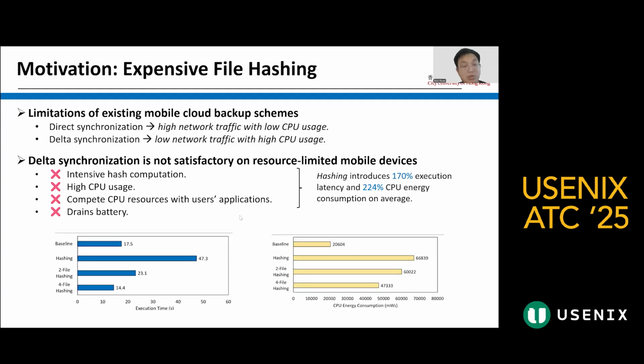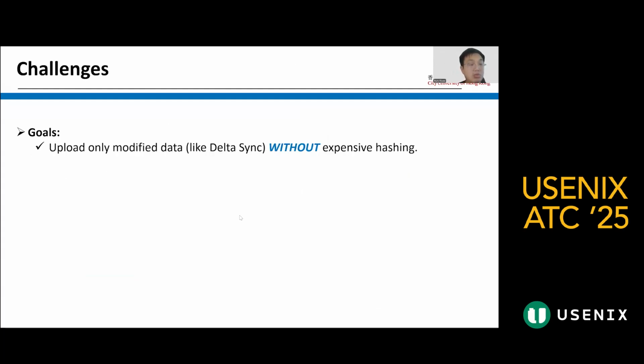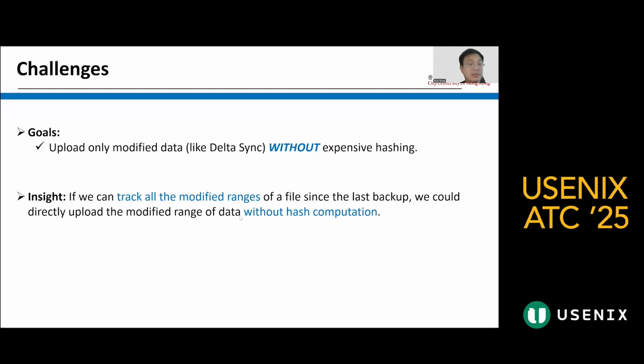So we also conducted some experiments. The results show that the hashing operation will introduce over 170% execution latency and very high CPU energy consumption. So our goal is to upload the modified data only, like data synchronization, but without expensive hashing.